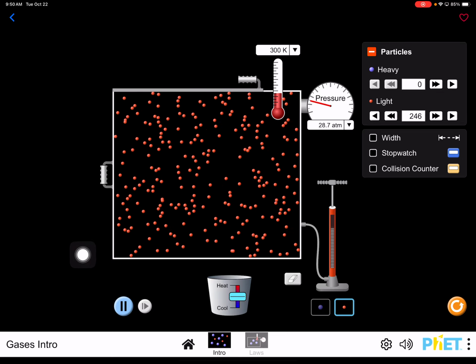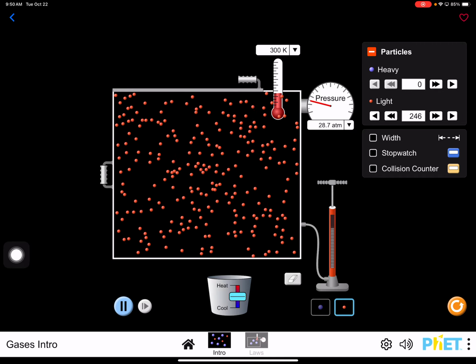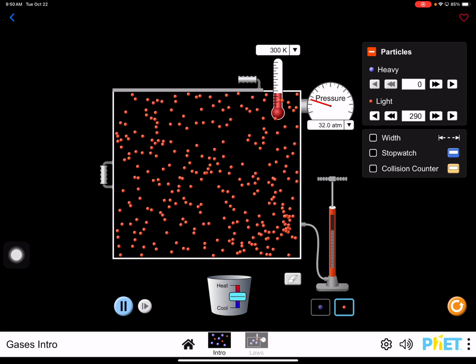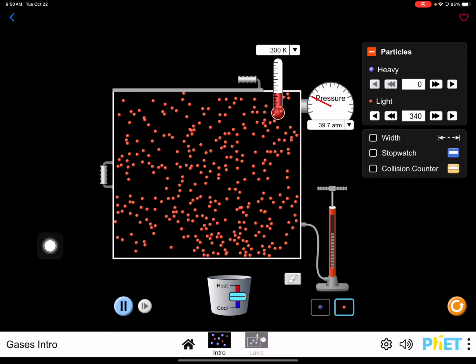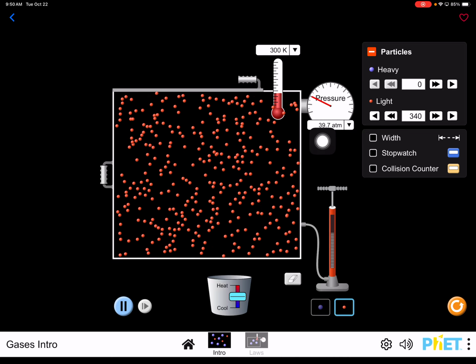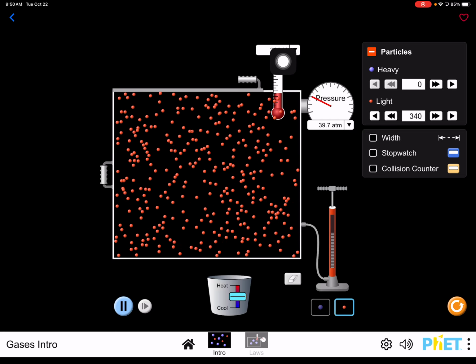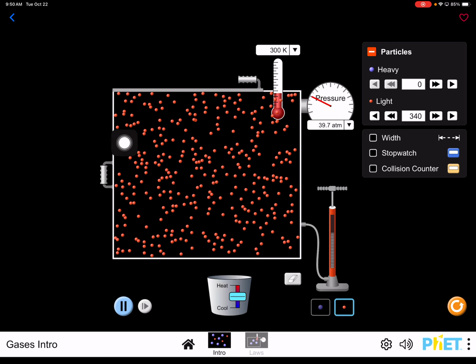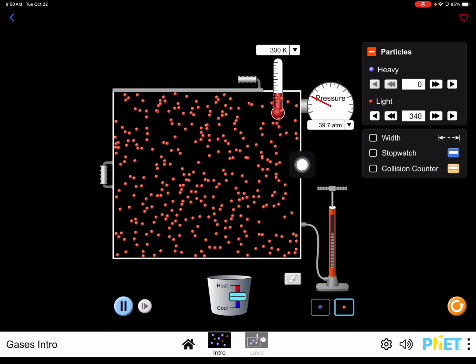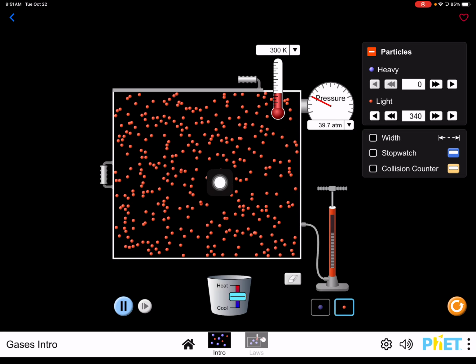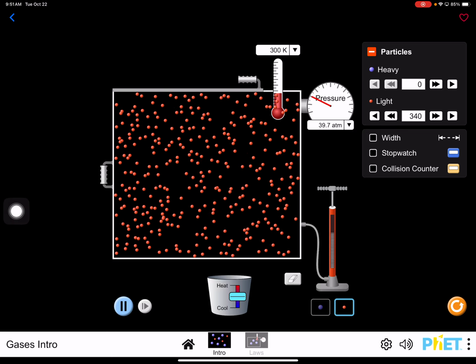Now what I'll do is I'll increase the amount of gas in there and watch what happens to the pressure. I'm keeping the temperature the same. I'm keeping the volume the same. I'm going to increase the amount of gas, and the pressure you'll see is increasing.